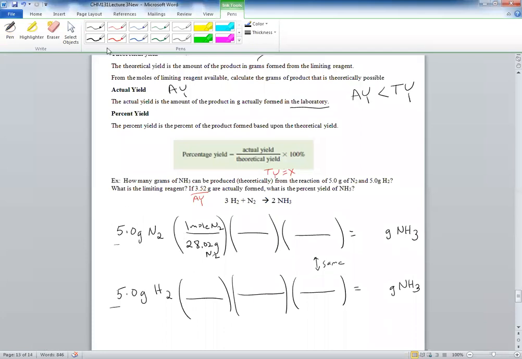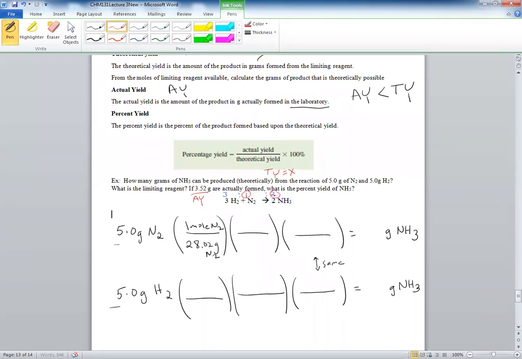The next thing is we need some ratios. So let's look at the ratios. Easy if you write it on the top. So we have 3 to 1 to 2. Now, I'm dealing with N2 and NH3.